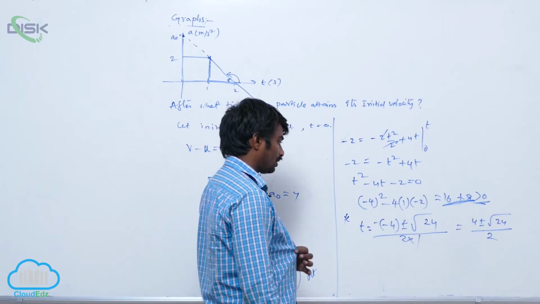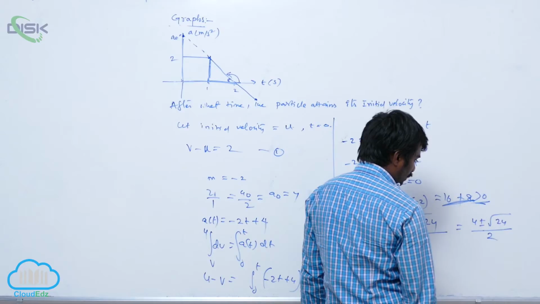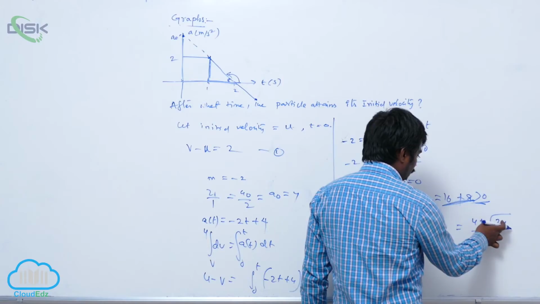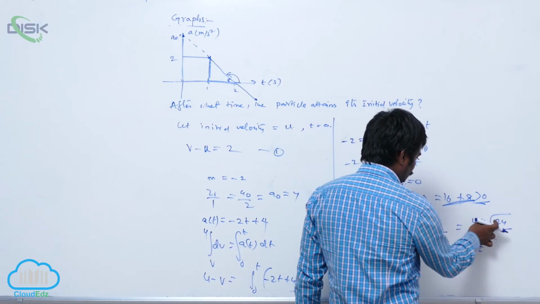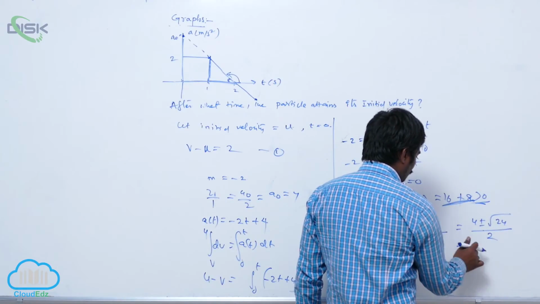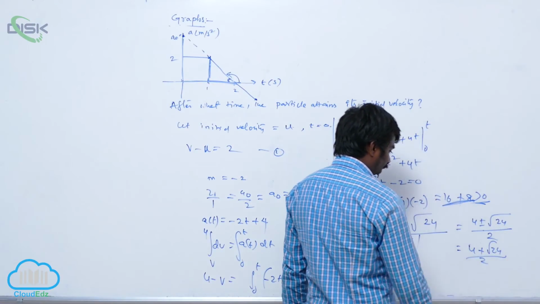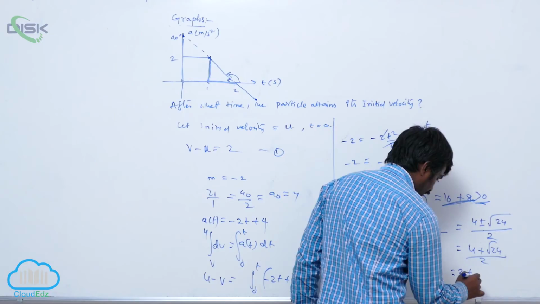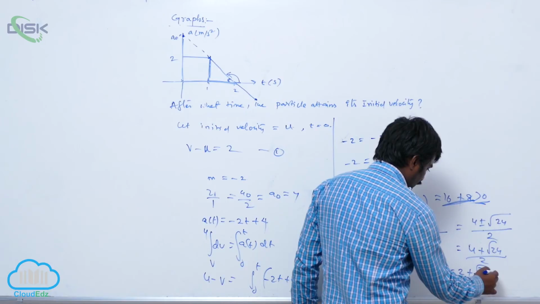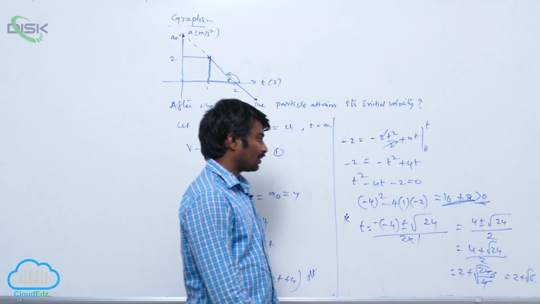So what you are going to get, here 4 plus or minus root 24, it is greater than 4. That means 4 minus root 24 is not possible. So 4 plus root 24 only by 2. That is what you get, 2 plus root of 24 by 4, that is root 6. That is 2 plus root 6 seconds is the correct one.